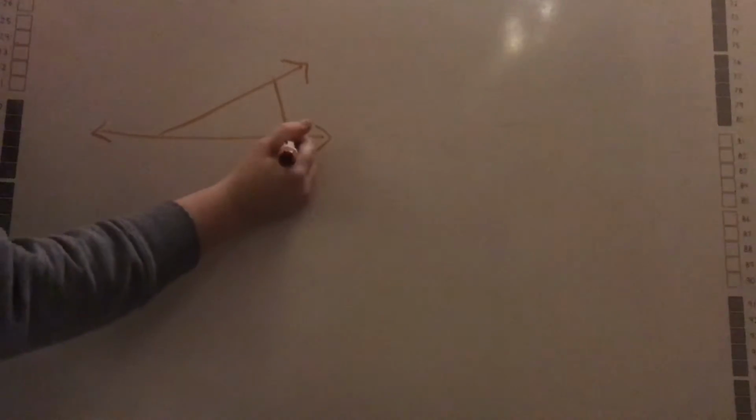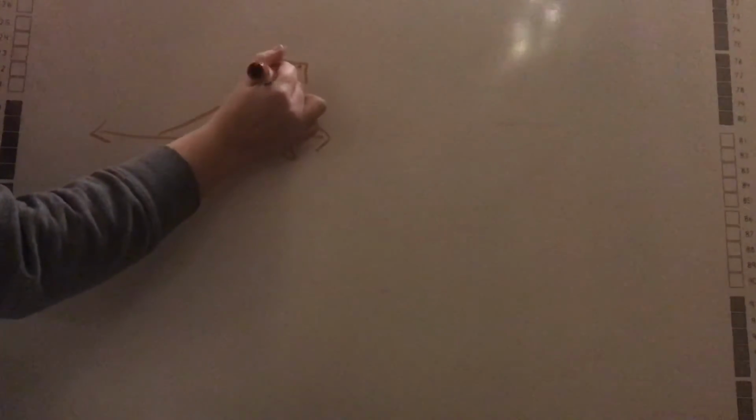So we have S, T, R, and then over here is Q. And they want to identify a few things. So the first one is to identify 3 rays. So we have to find 3 different rays.